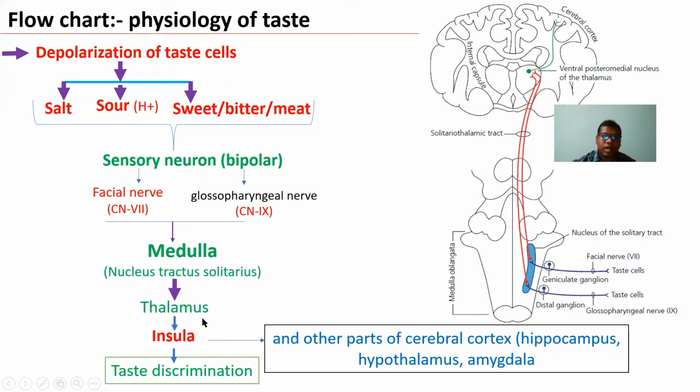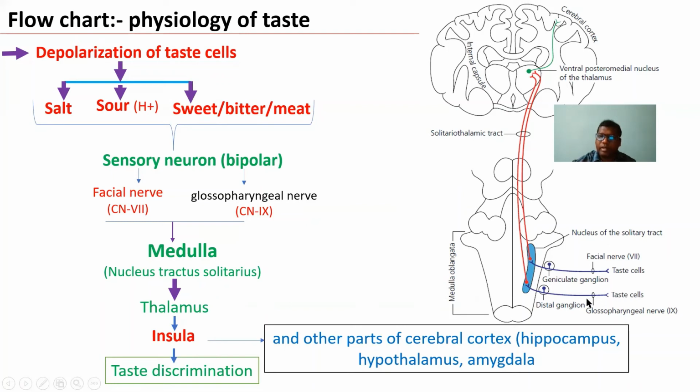From there it goes to the hypothalamus, then to the insula, the cortex, where gustation or taste discrimination occurs. And these fibers also send information to other parts of the cerebral cortex like the hippocampus, hypothalamus, and amygdala. So these are the taste cells.